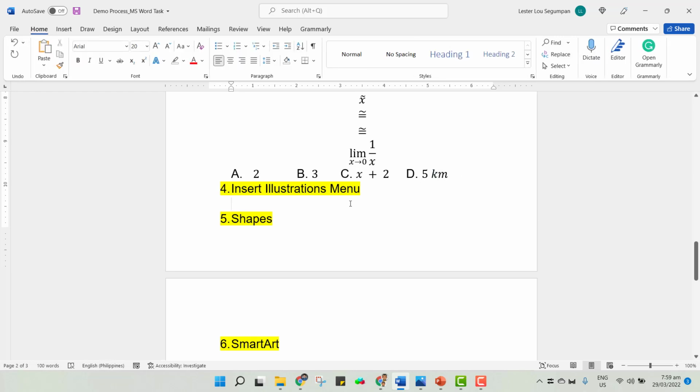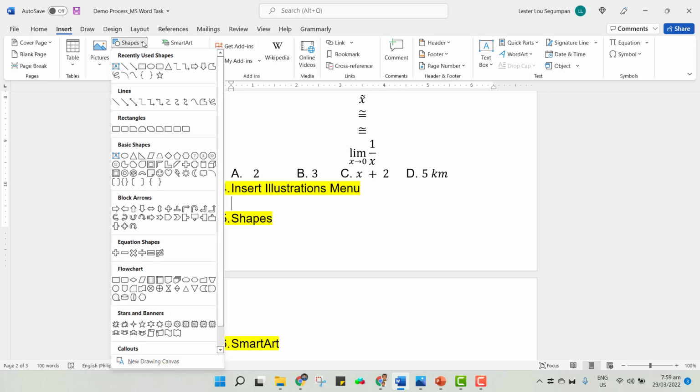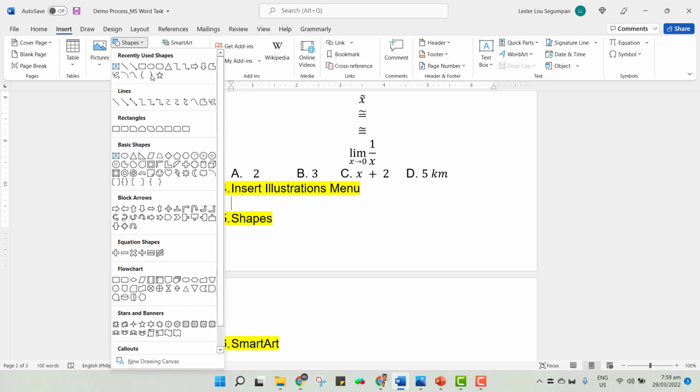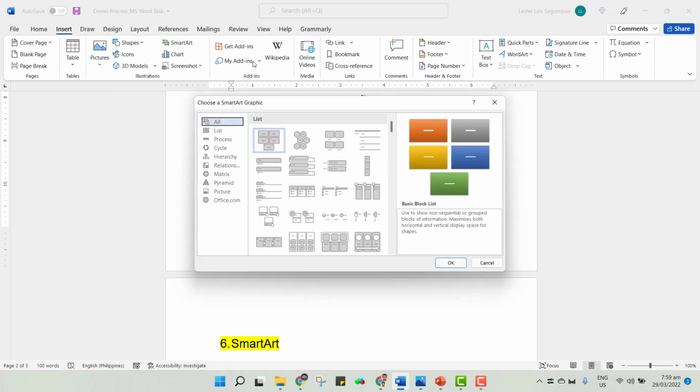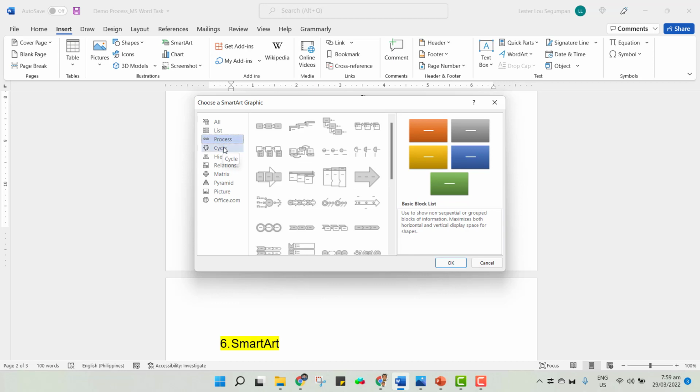But there are some problem-solving items that you could make using the illustrations menu. Where do you locate it? Insert. Here are the illustrations. You can insert shapes here if you would like. We also have SmartArt, process, list.